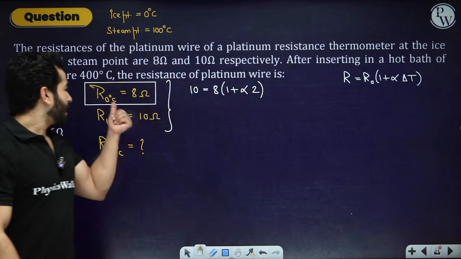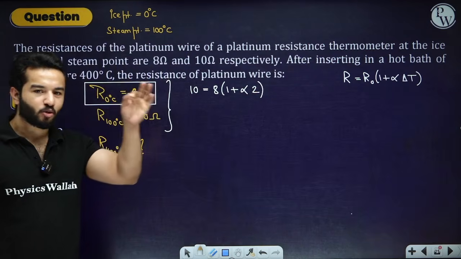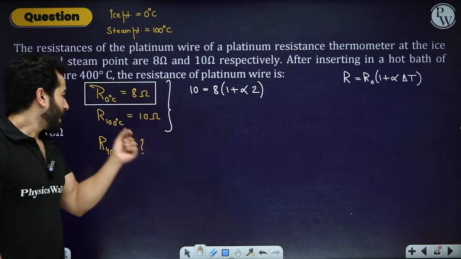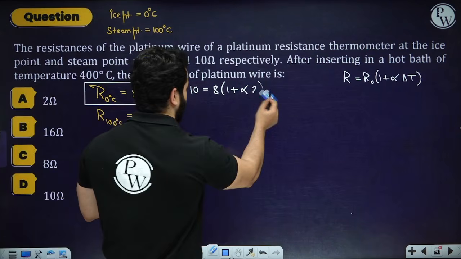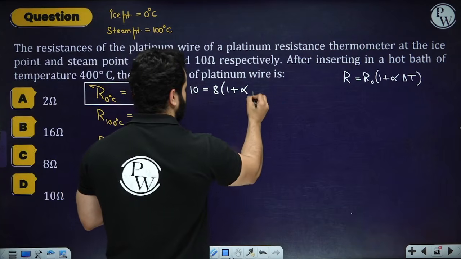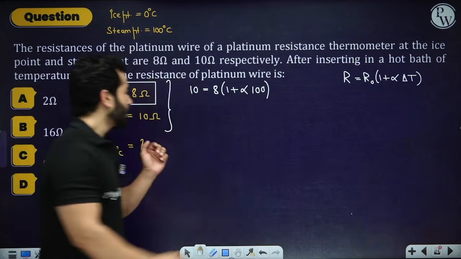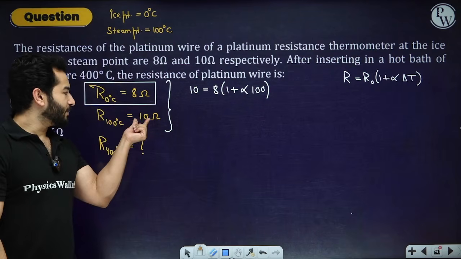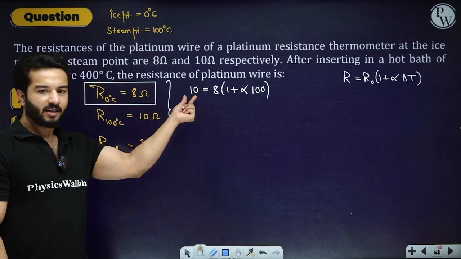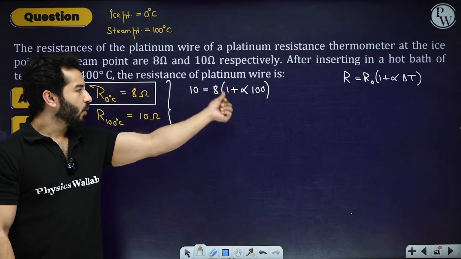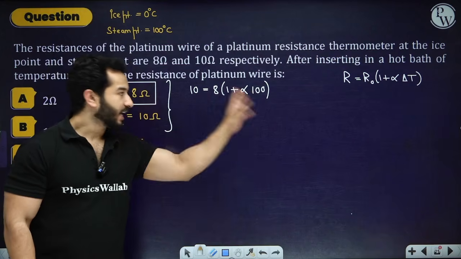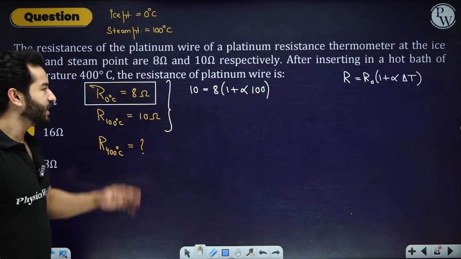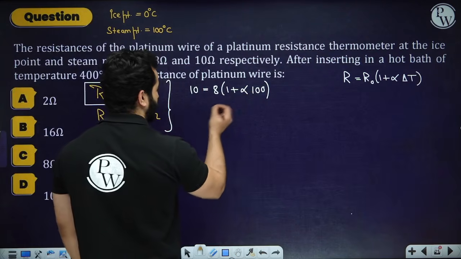I have taken 0 degree Celsius as my initial temperature and final temperature as 100 degree Celsius, so the change in temperature is 100. Final resistance is 10, initial resistance is 8. From this I can find out what alpha is.